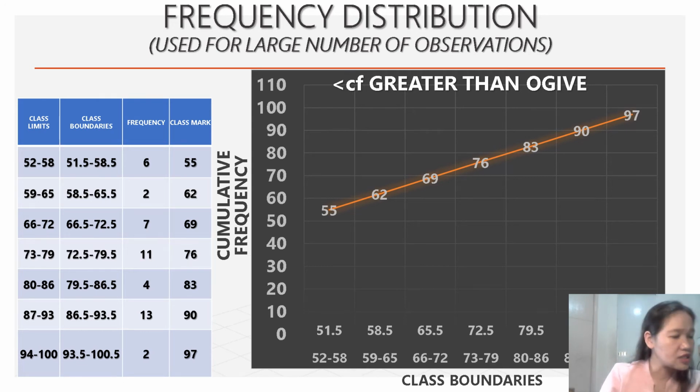The less than ogive should be in ascending order, and the greater than ogive should be in descending order. You can see it visually in the descending values.